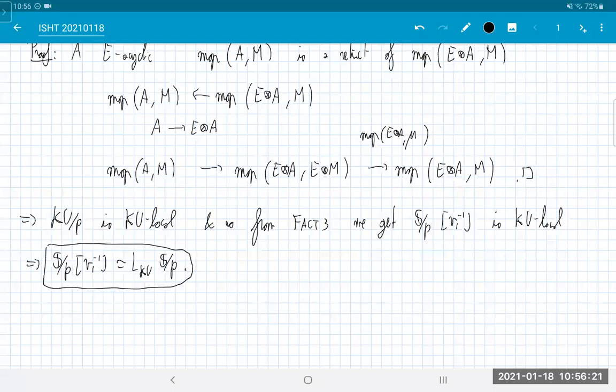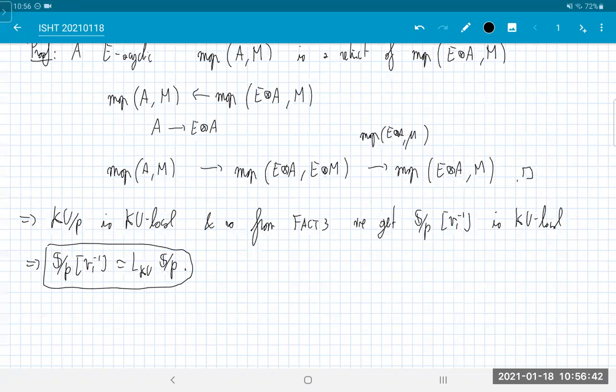It's actually quite easy to show that S mod P and S mod P with V1 inverted have the same KU localization because V1 is a KU equivalence. But the key important fact is this fact here. Is KU local.